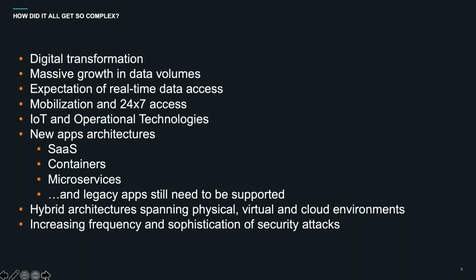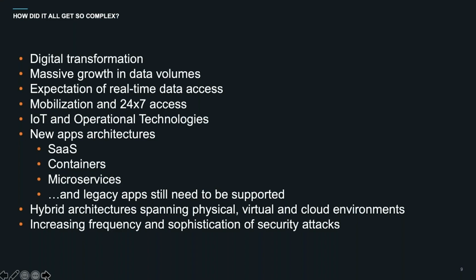Of course, these expectations of real-time data access and all these different data types mean you have to adapt your application architectures. The packages or custom systems that many of us grew up with just no longer work in the challenging environment that we're in. So we've seen a rise of new application architectures.